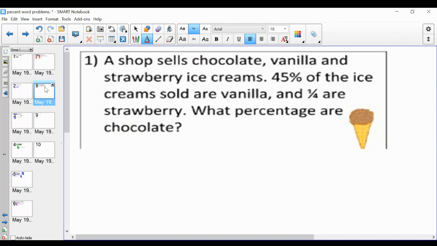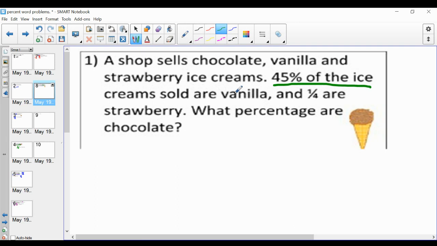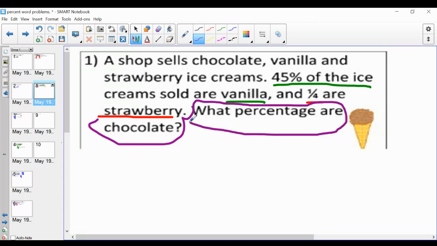This one is a little tricky. You have to read through it first. A shop sells chocolate, vanilla, and strawberry ice cream. 45% of the ice cream is vanilla. 1/4 is strawberry. What percentage are chocolate?